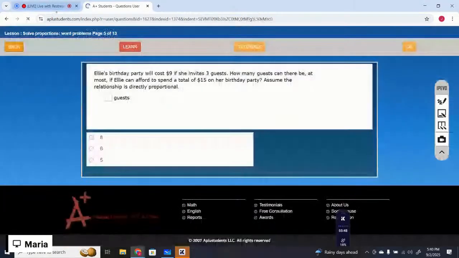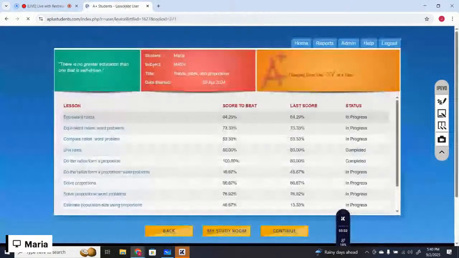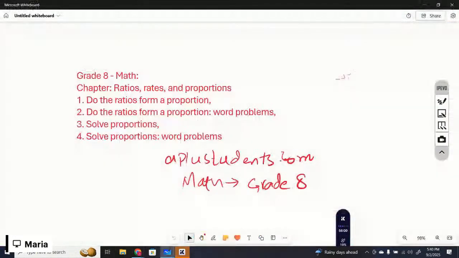Okay, you can complete the lesson by yourself. The Grade 8 math chapter we were working on is ratios, rates, and proportions.